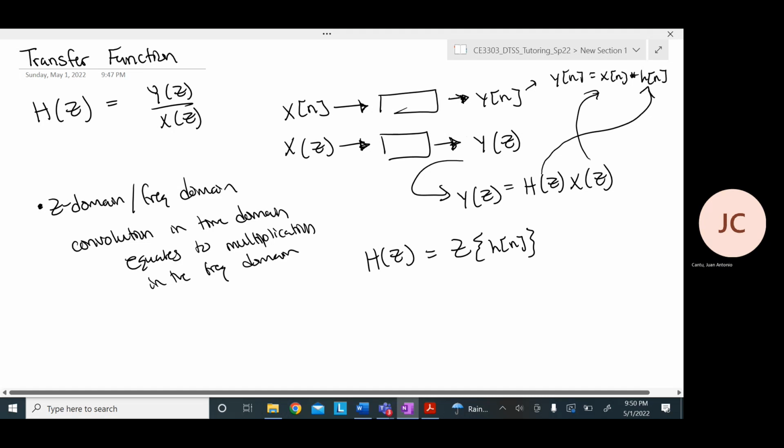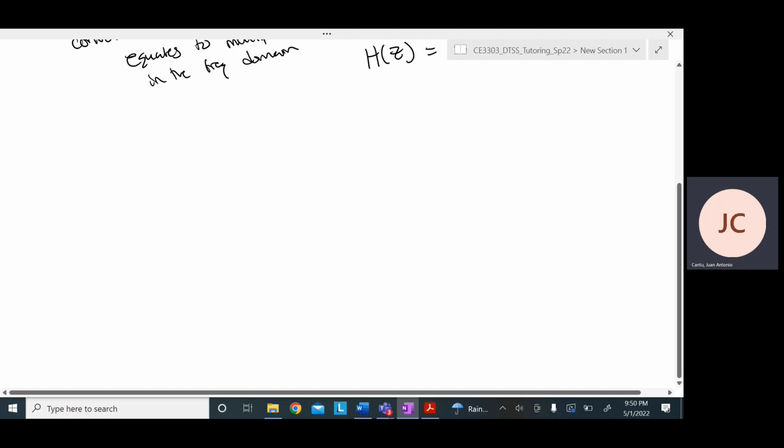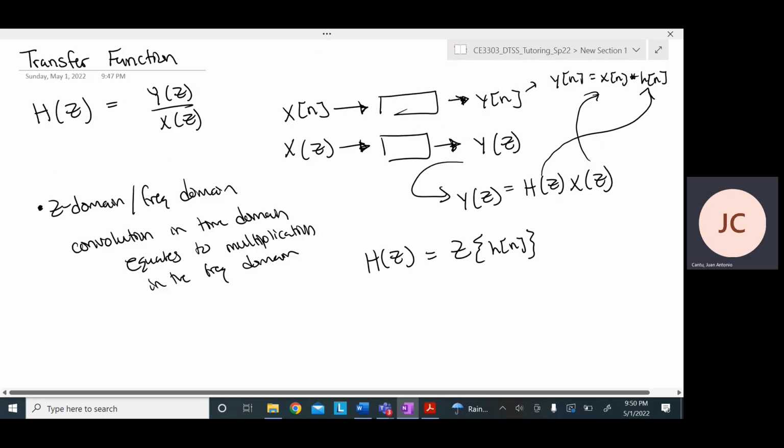And you're going to hear me say this a lot, but the importance of the transfer function is that it characterizes our system. It tells you everything about the system. I'll show you how. Firstly, the main thing to note about the transfer function is this right here.